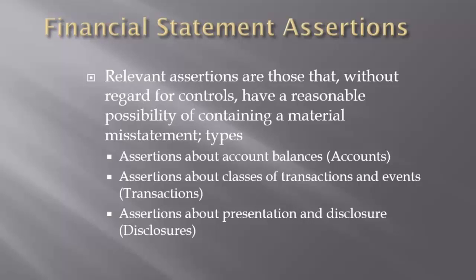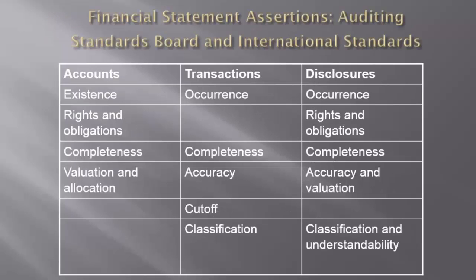Again, these are transactions. And then finally, we're looking at assertions related to presentation and disclosure. So we get back to this in the sense that assertions are explicit or implied statements by management that are embedded in the financial statements. As an example, and we'll talk a little bit about this, I think this is a very interesting crossover.